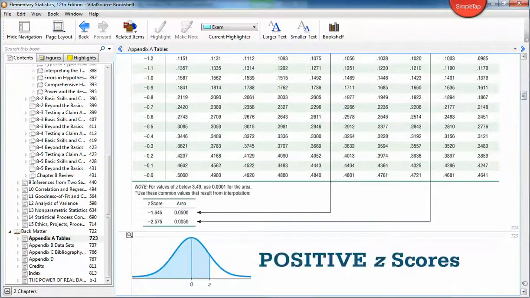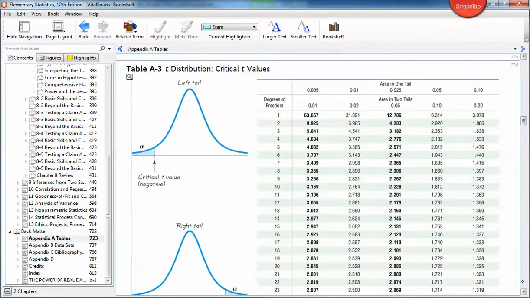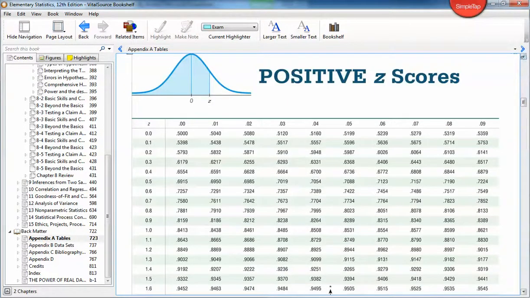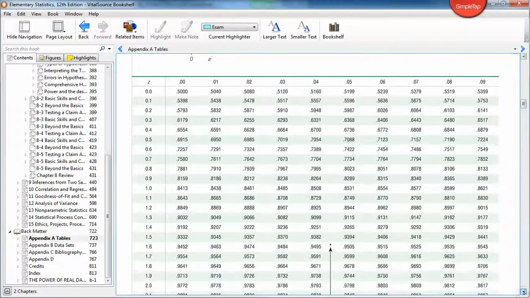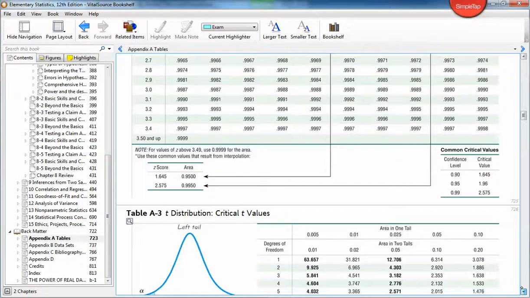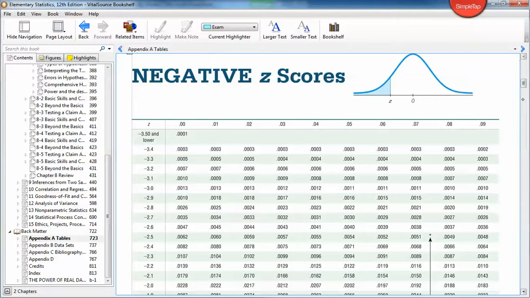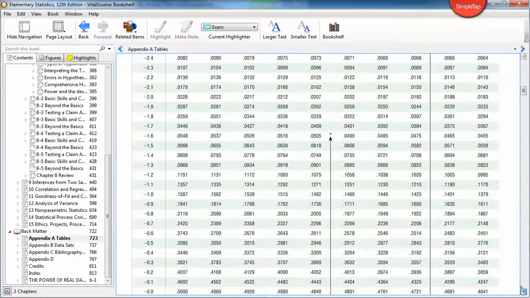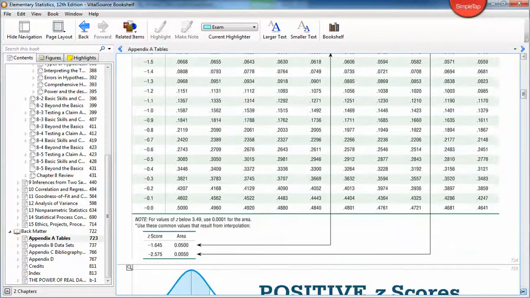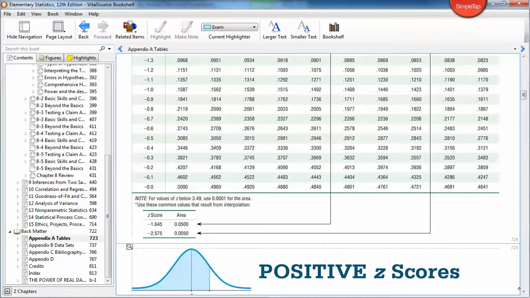Let's look at that little table down there, see if there's something on the right. No. Back up. Negative 1.96. Unless I'm looking at the wrong one, negative 1.96.